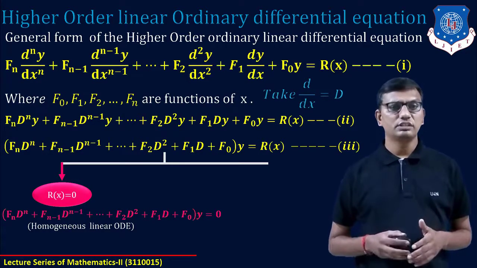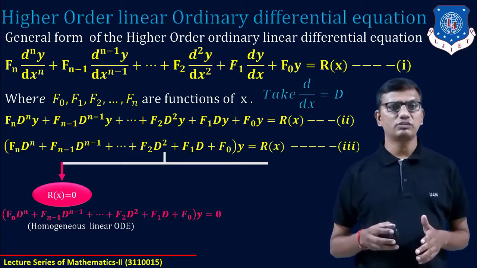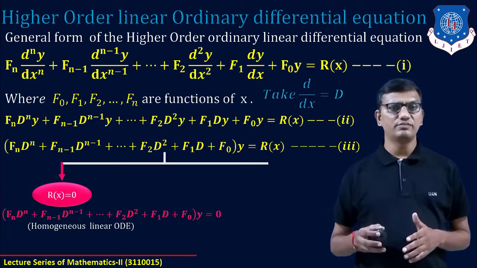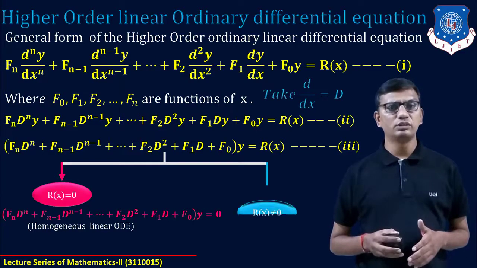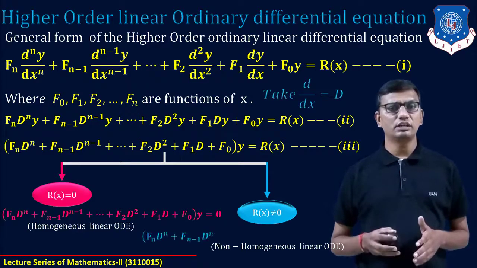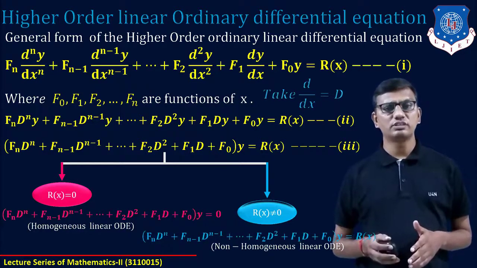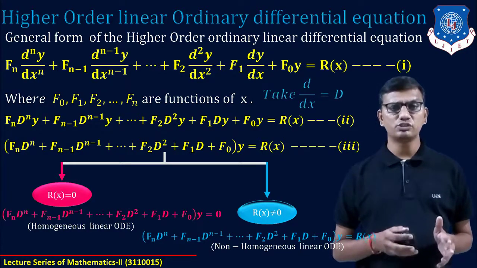Here it is denoted as (fn D^n plus fn-1 D^(n-1) up to f2 D² plus f1 D plus f0) y equal to 0. And second type is if r(x) is not equal to 0, then it is non-homogeneous linear differential equation. To solve non-homogeneous differential equation, we have to use the homogeneous differential equation solution.